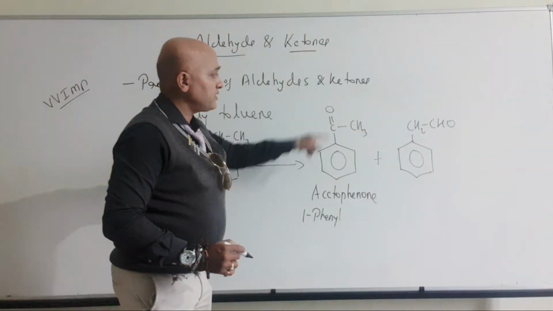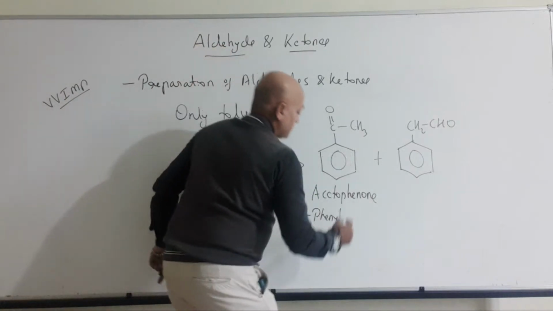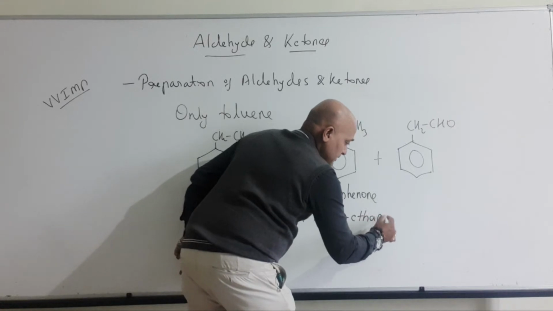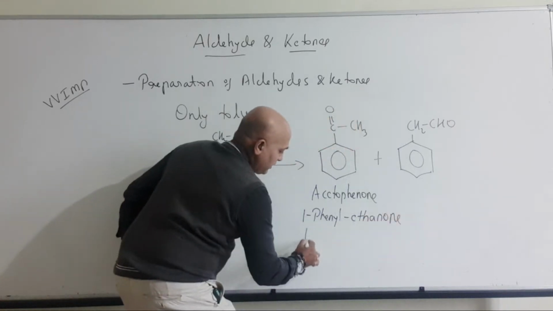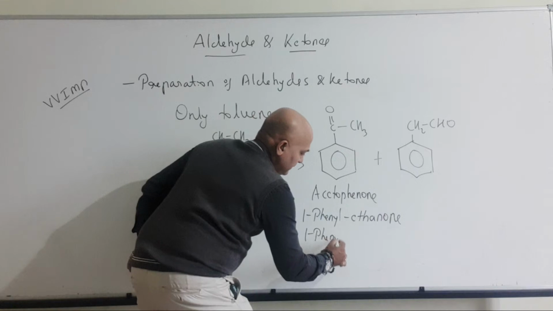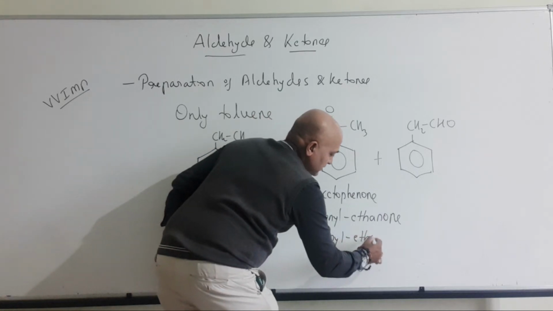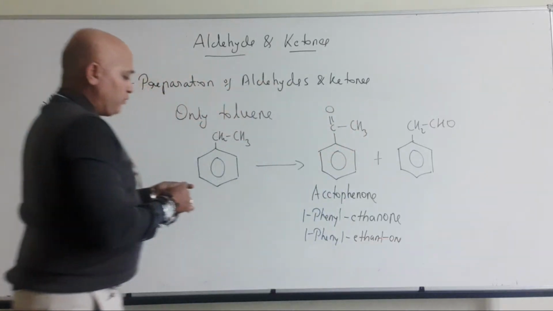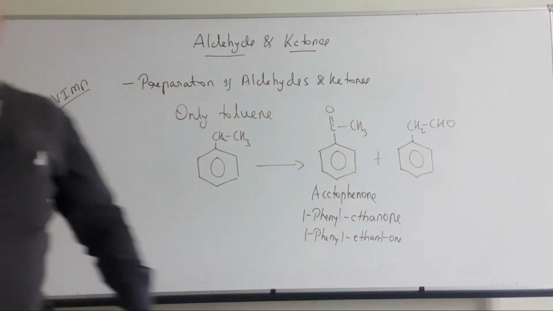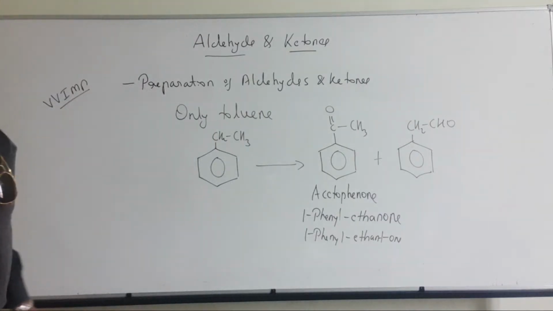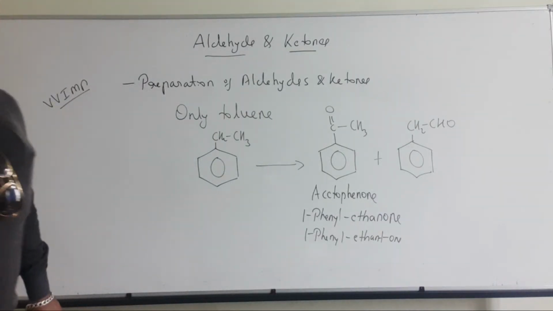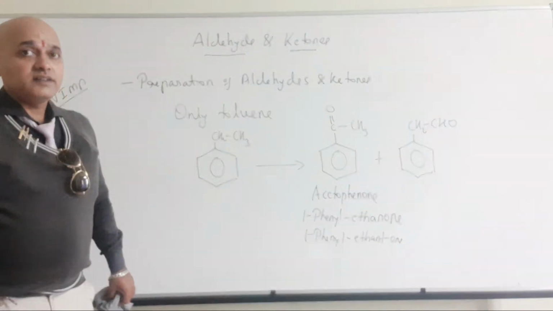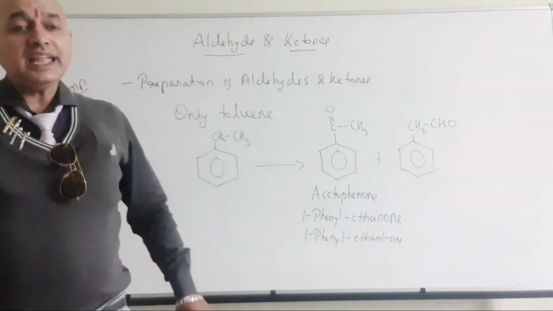This carbon should be first carbon because it's a ketone. So, 1-phenyl ethanone directly you can write, or 1-phenyl ethan-1-one. Okay, so 1-phenyl you have to mention because the phenyl group can be present over here, it is not possible still. Okay, so therefore we have to mention the number.